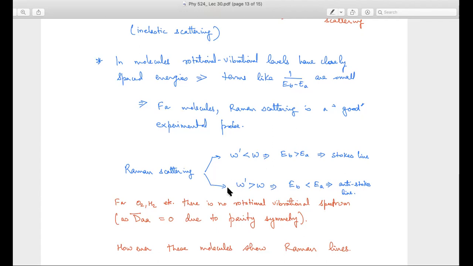And if I have the opposite case where the outgoing photon energy is larger than the incoming photon energy, then the molecule is in a de-excited state, or EB is less than EA, and these kinds of lines are called anti-Stokes lines. So for Raman scattering you should know Stokes lines and anti-Stokes lines. What you should know is delta K has to be plus minus 2 for Raman scattering, and so on.